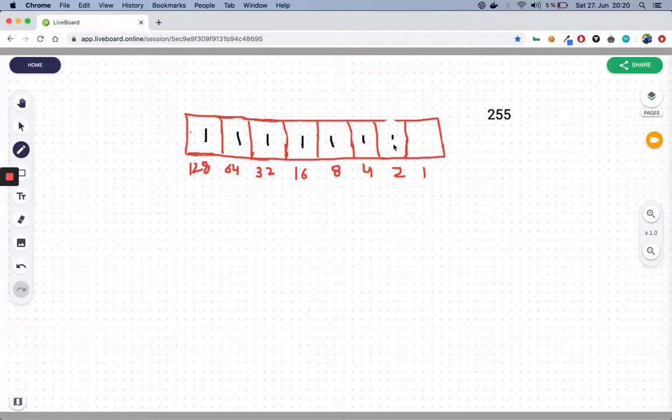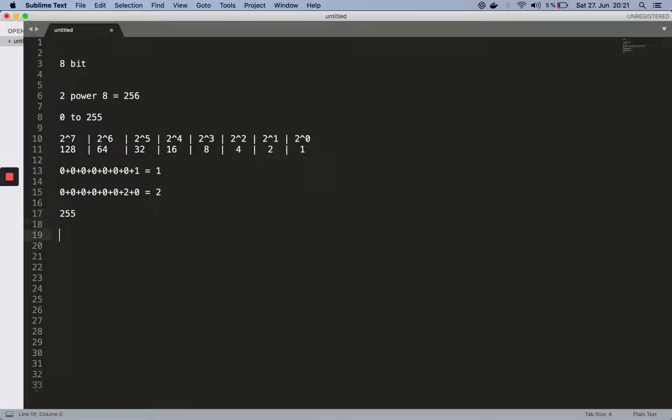If you want to validate this, you can add all the numbers here and you will get 255. Which means that if all the bits are set, then we will get 255. Or you can say it like this as well: the value of each bit is 128 plus 64 and so on and so forth, so you will get 255.